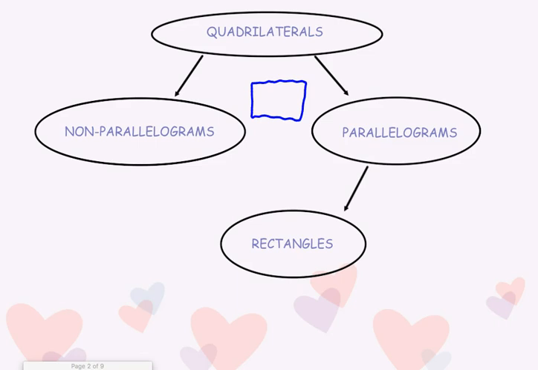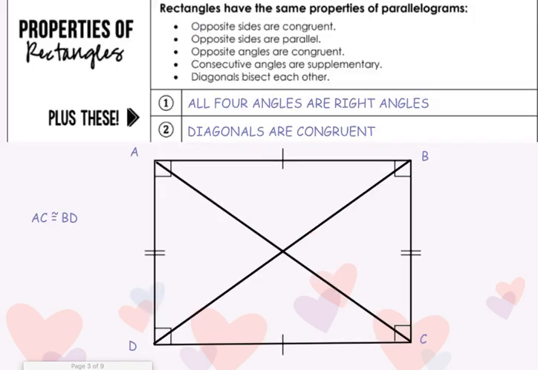Okay? So, a rectangle has all the same properties of a parallelogram plus these 2. And that's what makes it a rectangle. That it has 4 right angles. And your diagonals are equal. Congruent. So that's fun.